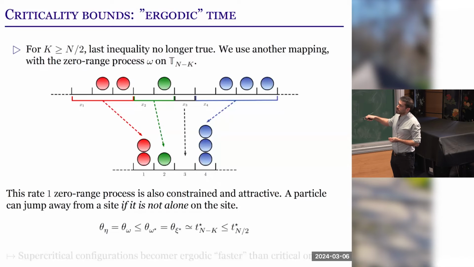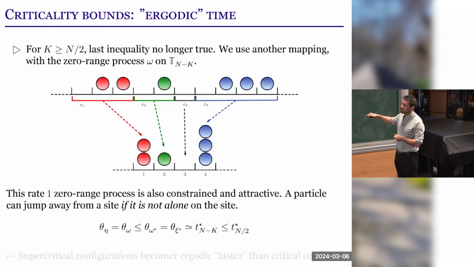And now we can use essentially the same reasoning as in the previous slide. So let me call omega the configuration for this zero range process. The transience time for my supercritical FEP is going to be exactly the transience time for my zero range process. Because the zero range process is attractive, this transience time for the supercritical case is going to be smaller than the transience time for a corresponding critical configuration.